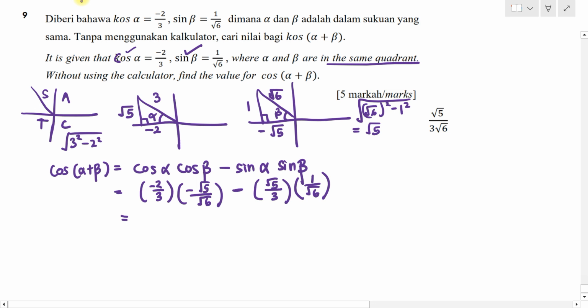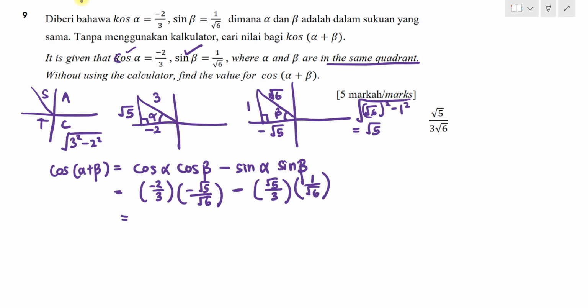Okay, let us find the resultant value. You can just key in your calculator. Your latest calculator will give you the accurate answer. Square root 5 divided by square root 6.